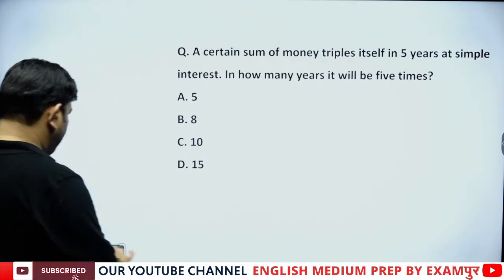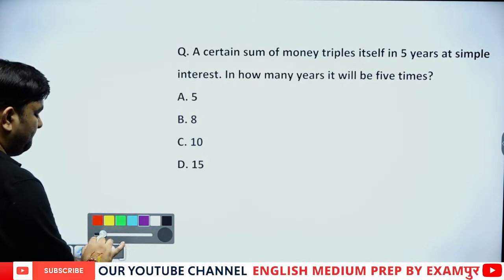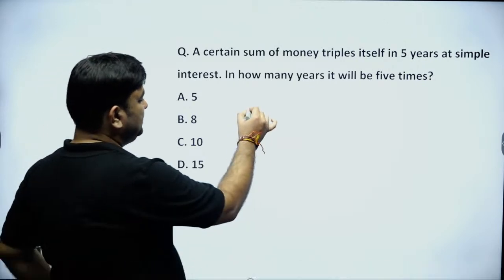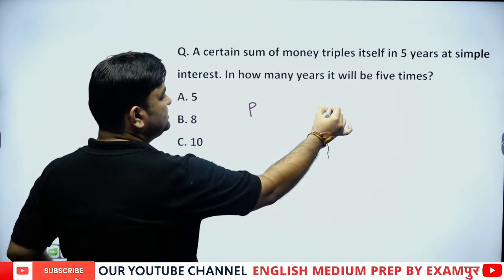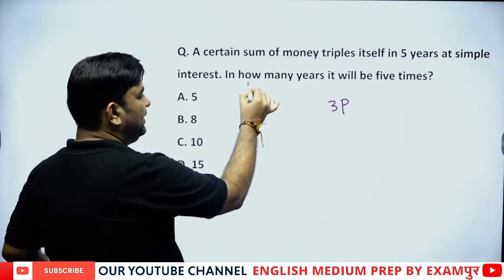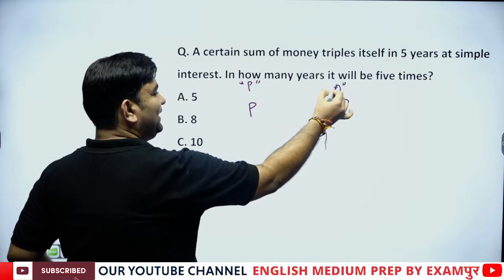A sum of money triples itself in 5 years. P becomes 3P. If P will become 3P, guys, how much is the interest? That is very important.